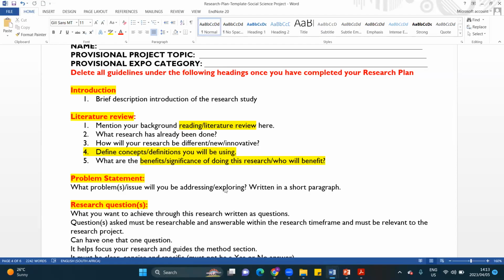Just imagine a funnel. Your introduction is your broad discussion of the topic. When you come to the problem statement, you are now at the very bottom of the funnel, where you're specifically talking about the problem that you want to address. Then you've got the research question.